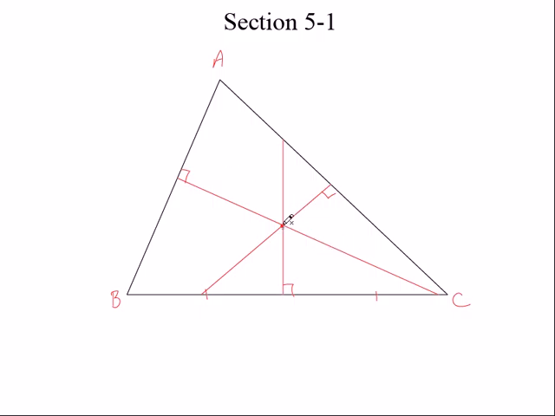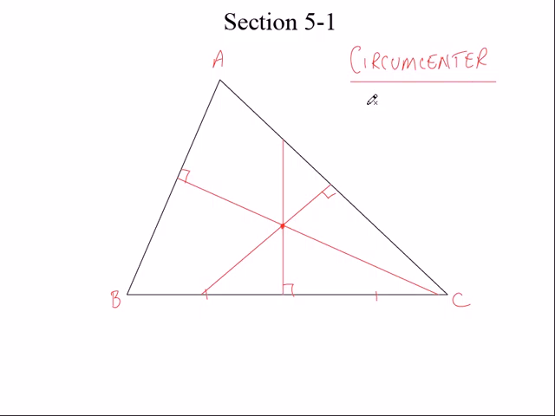In fact, that point is so special it has its own name, and we call this thing the circumcenter. Write that down. Circumcenter. Okay? It's called the circumcenter. C-I-R-C-U-M, circum, and then center, C-E-N-T-E-R. Now, how did we find the circumcenter?